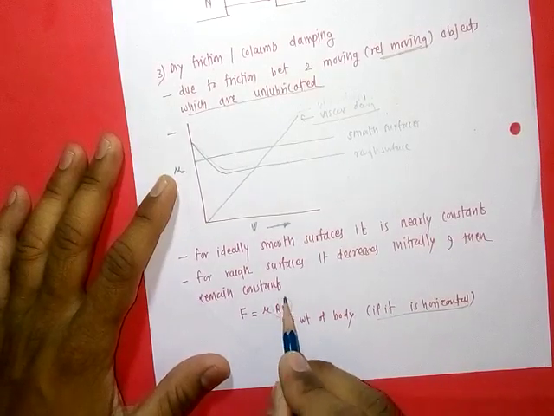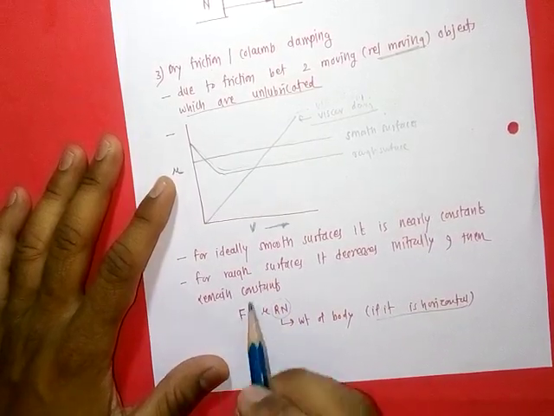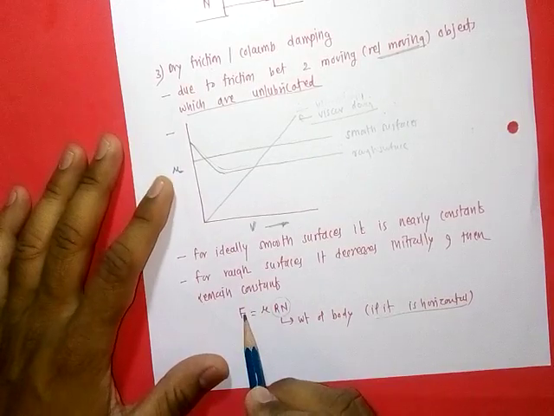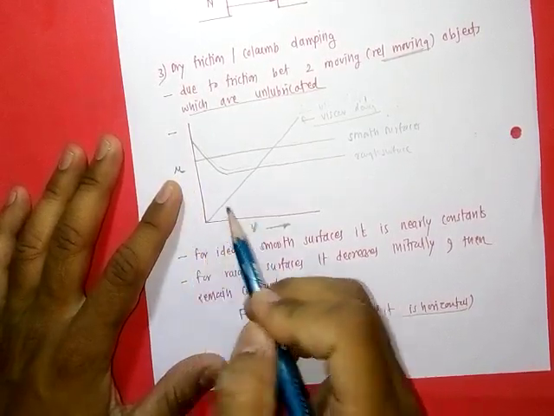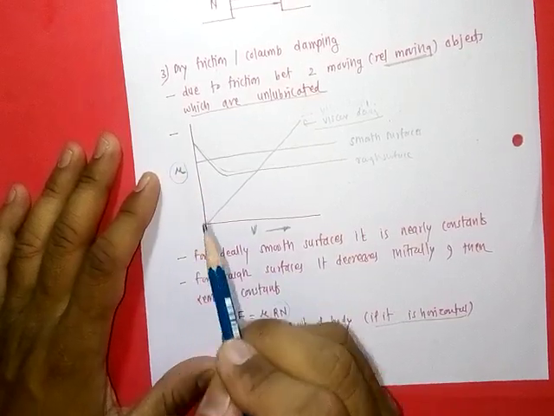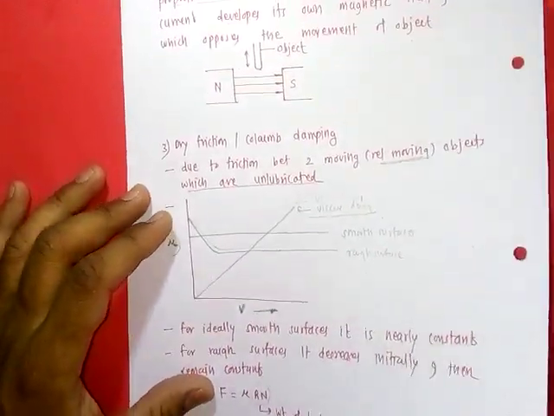As it is constant for a given system, the force will also give the same nature. Frictional force gives the same nature as that of mu with changing velocity. Okay, so this is the second type of damping, dry friction or Coulomb damping.